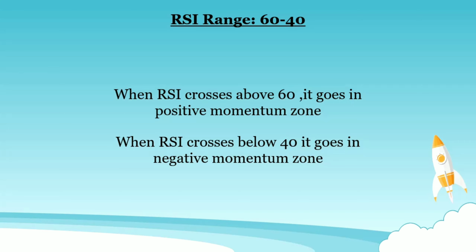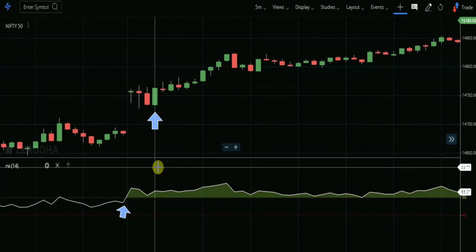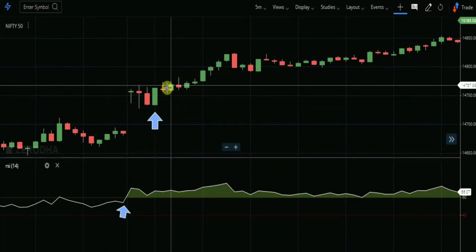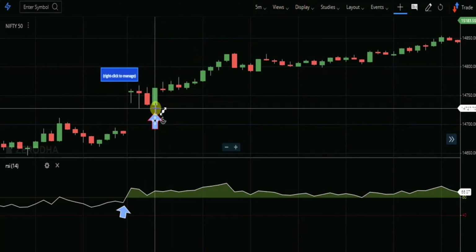So we will go and see an example of the 60-40 range on the charts. Now let's consider this chart. This is the Nifty 50 of 5 minutes.